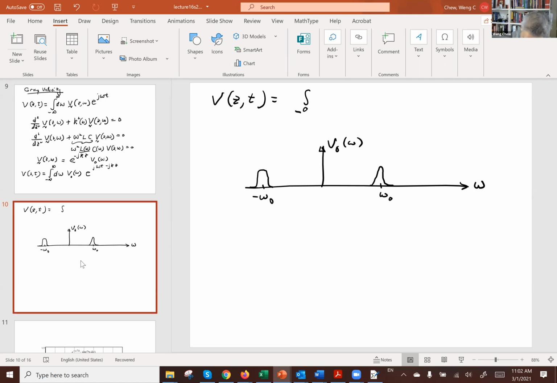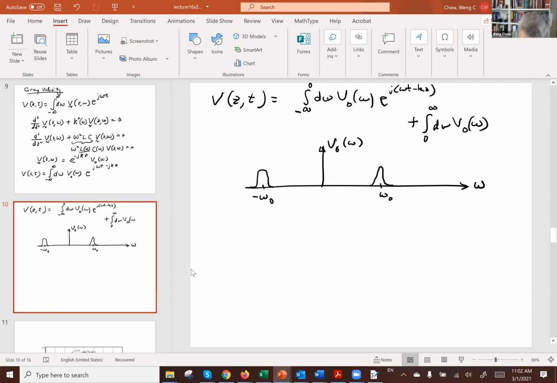You can write this as minus omega infinity to 0, d omega, and then V0 omega e to the j omega t minus kz. And then you can do the other term, which is 0 to infinity d omega V0 omega e to the j omega t minus kz.